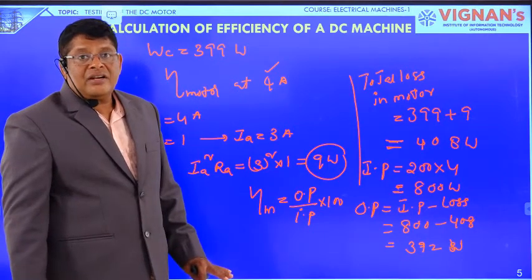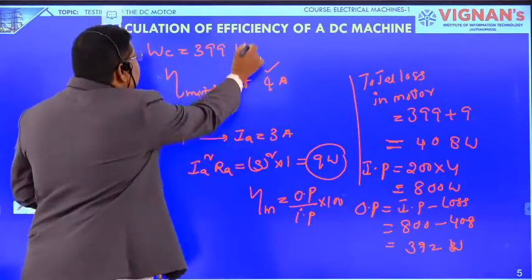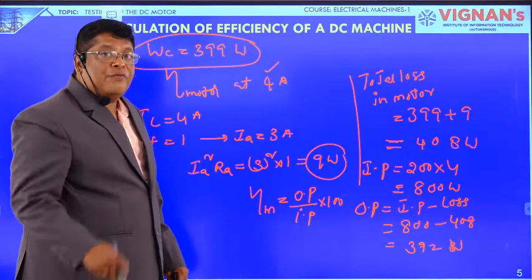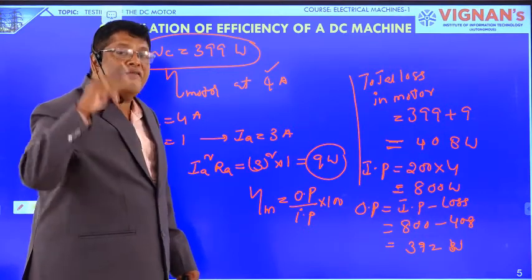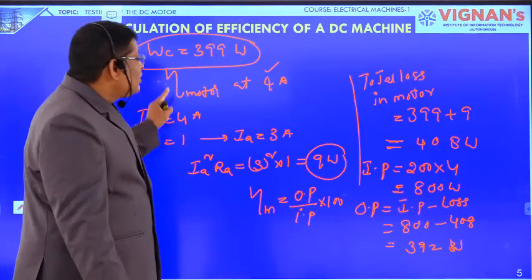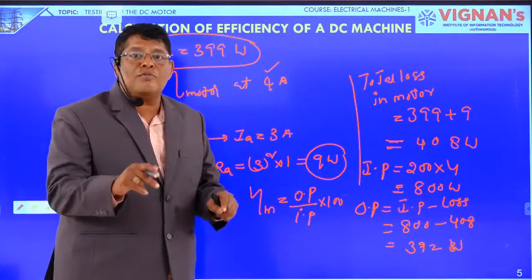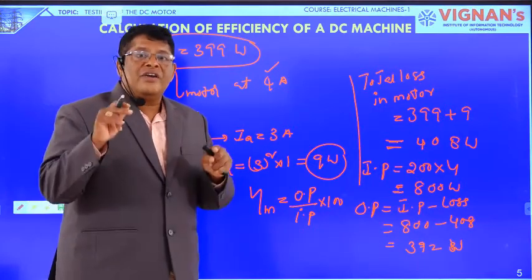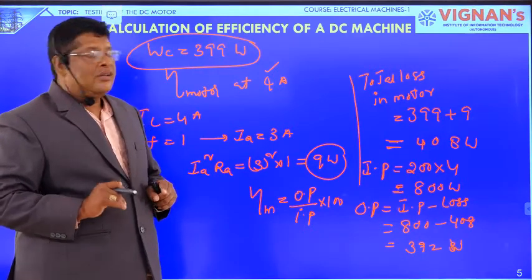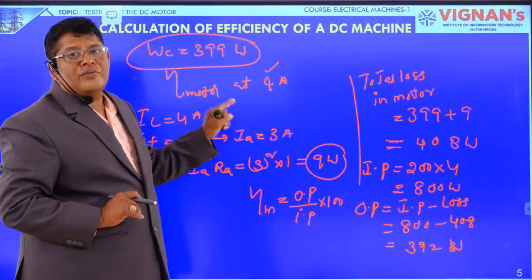By conducting a Swinburne test, we calculated only the constant losses, but we are finding the efficiency at any value of the current. That's why we call the test an indirect test. We are not applying any load on the motor to find the efficiency at a particular value of the current. In this manner, we can calculate the efficiency of the motor.